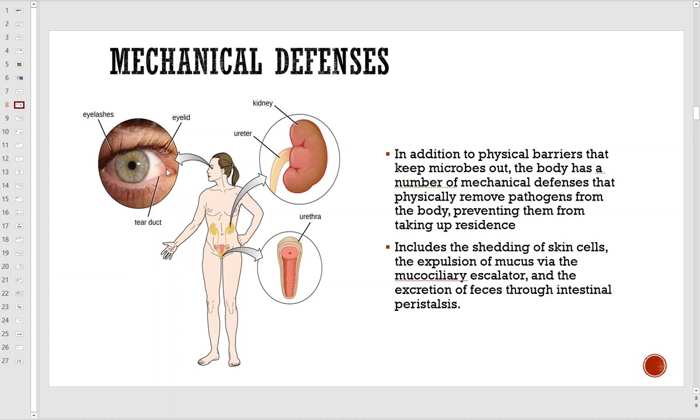And of course, we've got our tears that are constantly flowing across the surface of our eye, and we've already said there's lysozyme in there to help destroy bacteria. And then we blink. The main reason we blink, more than for light, is to act like a windshield wiper and clean off the surface of the eye.